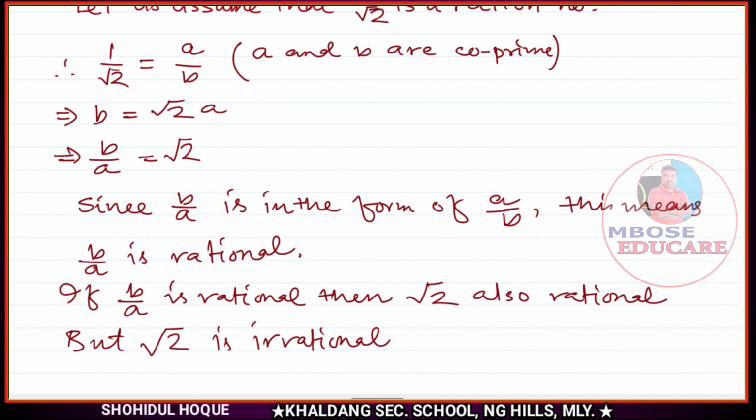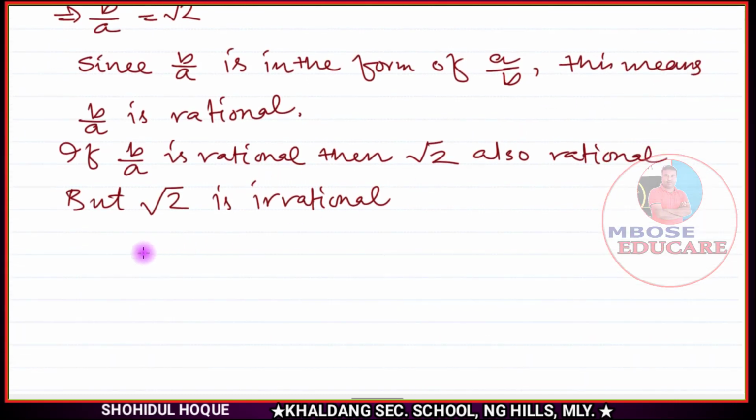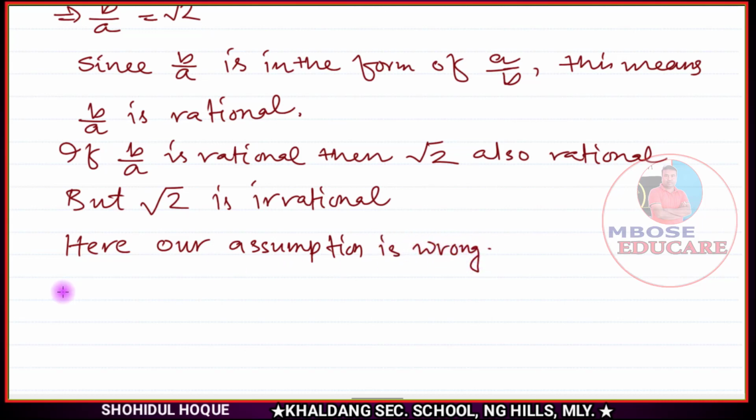Here our assumption is wrong. Therefore 1 by under root 2 is irrational.